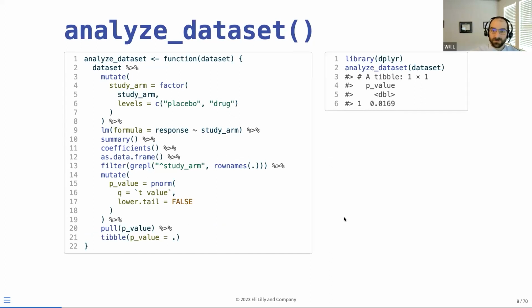We have another nice function to analyze a data set, and we take in, for example, this data set argument, which is assumed to be the data set that we just simulated. We analyze this with just a basic linear model with the lm function. And we conduct a hypothesis test to get a p-value using the t test statistic that we got from the lm function.